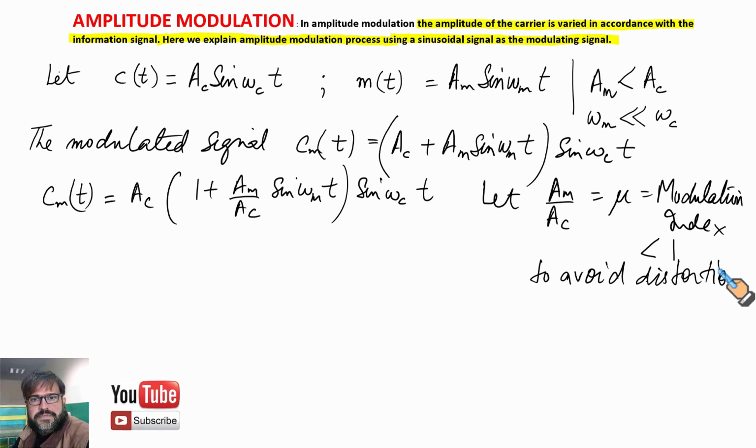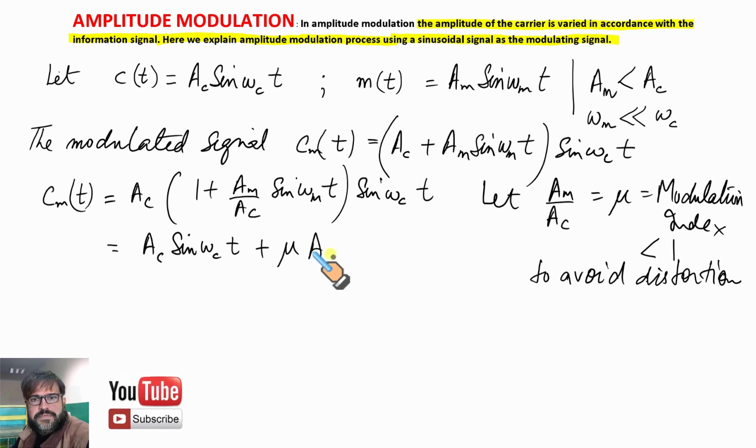Okay. Now over here what we say is, this can be written as AC into 1 into sin(omega C t), that is AC sin(omega C t), plus AM upon AC becomes mu, into AC sin(omega C t) sin(omega M t).